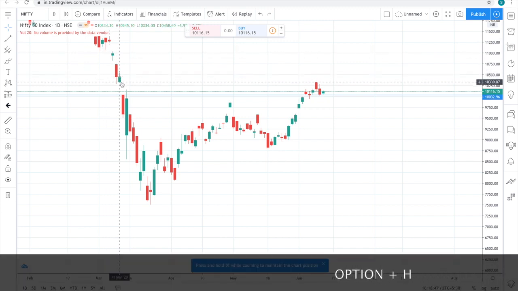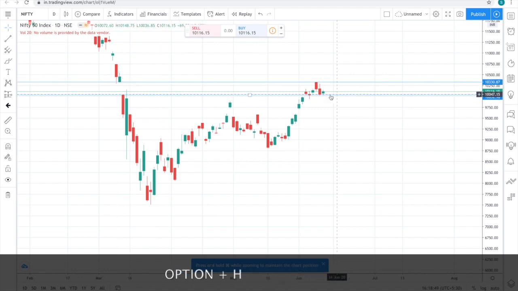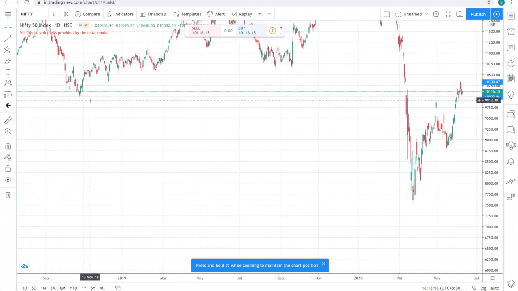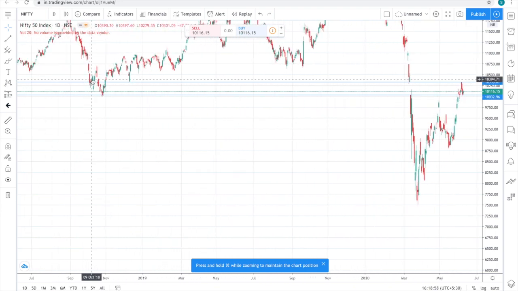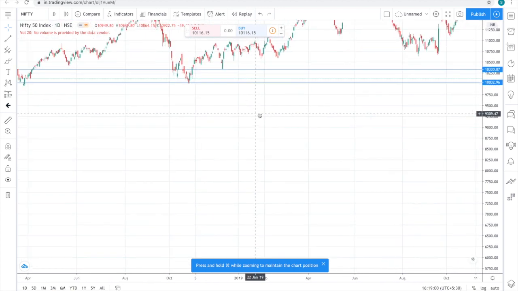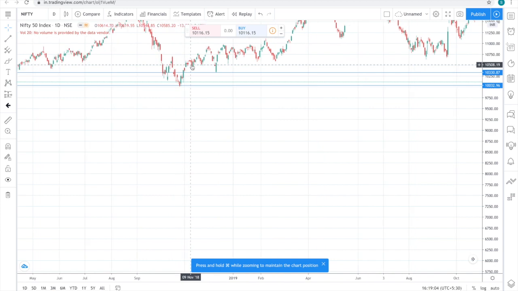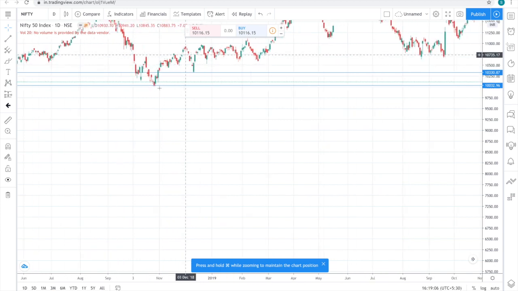All right. So what I do is go back and backtest it for this one again. All right. You see here's another one. Came down, went back up. Breakout, went back up.